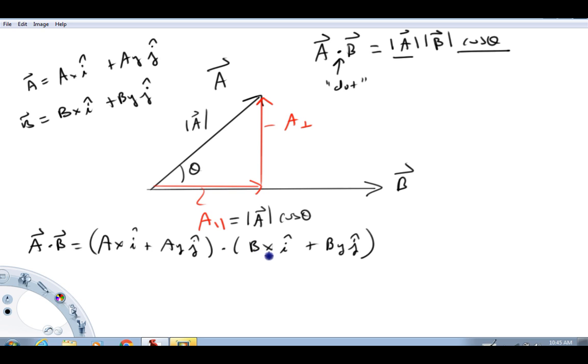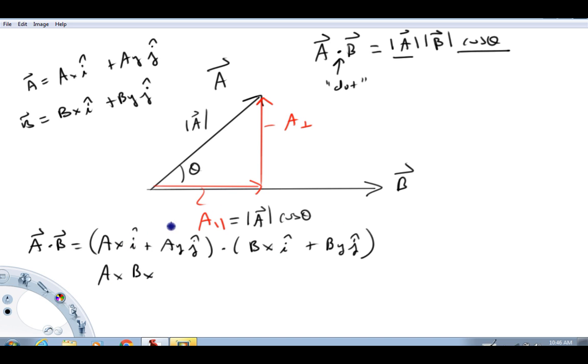That first term right here is AX BX i dot i. If you think about dotting i and i, these are the same vector, and the angle between them is 0. Remember that the magnitude of i is 1, so that's 1 times 1 times the cosine of 0, which is 1. So this product, AX i dotted with BX i, gives AX BX.